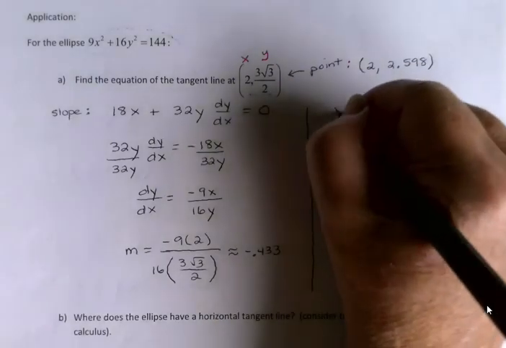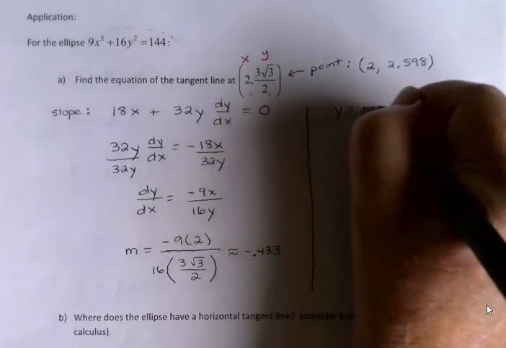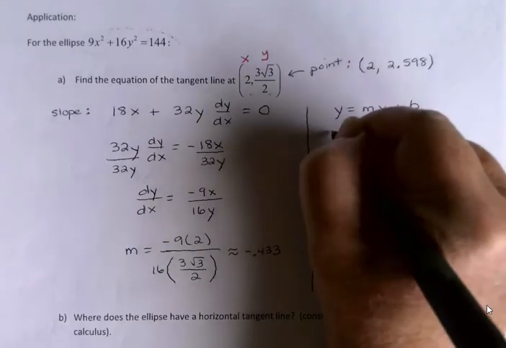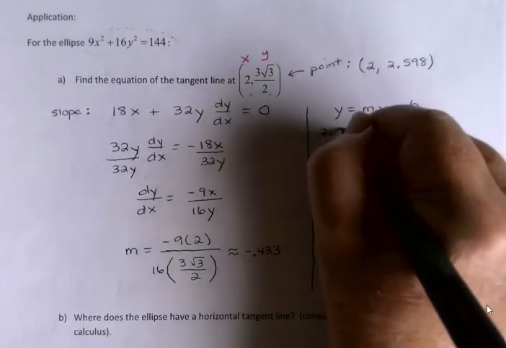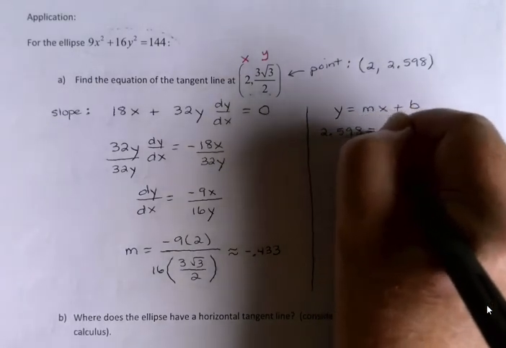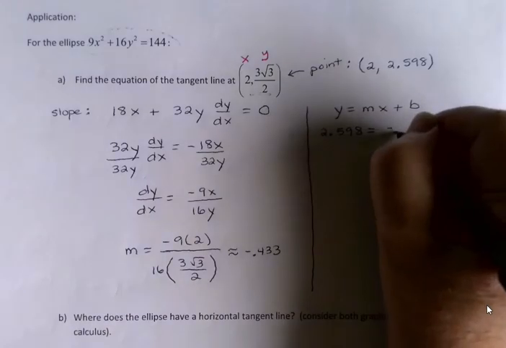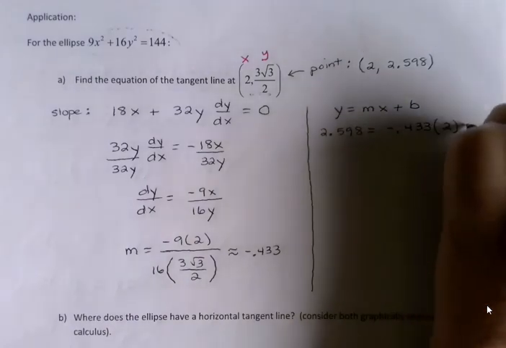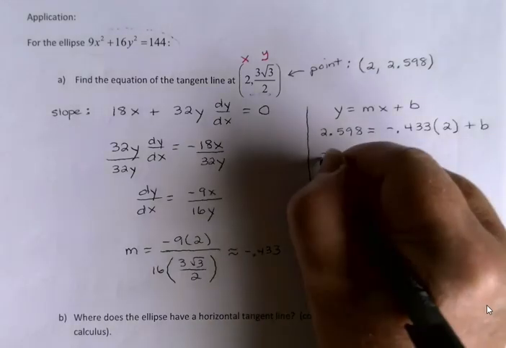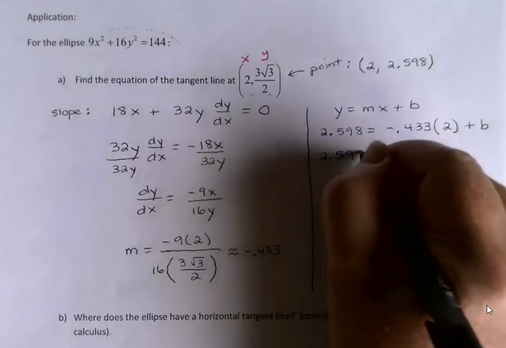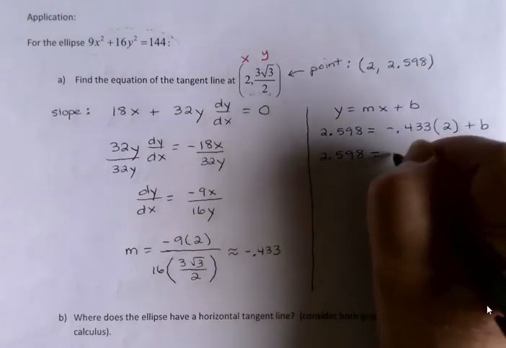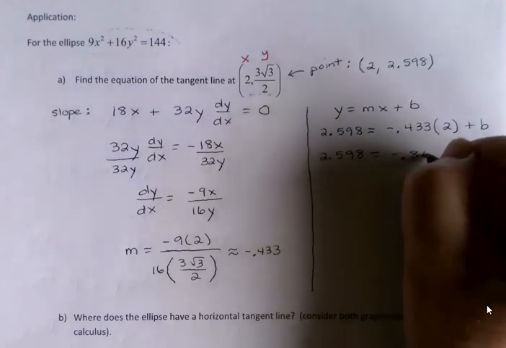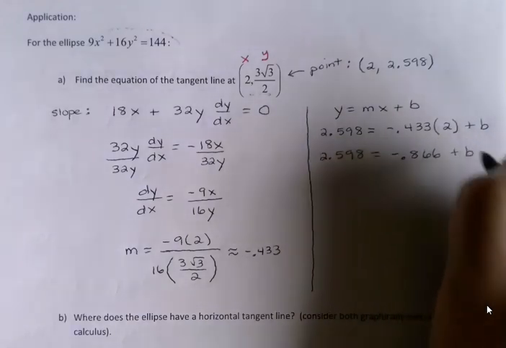So, equation of the line, y equals mx plus b. Put in my y value, my slope, times the x value of 2. So I've got 2.598 equals negative 0.866 plus b.